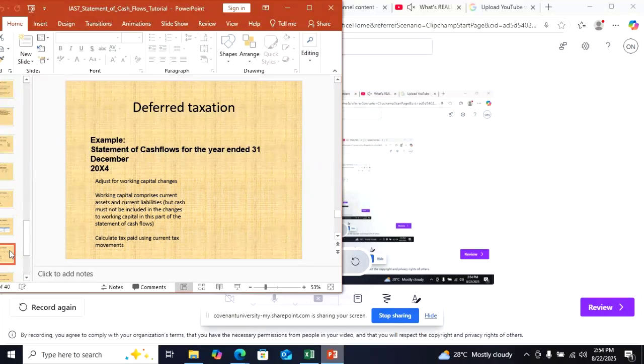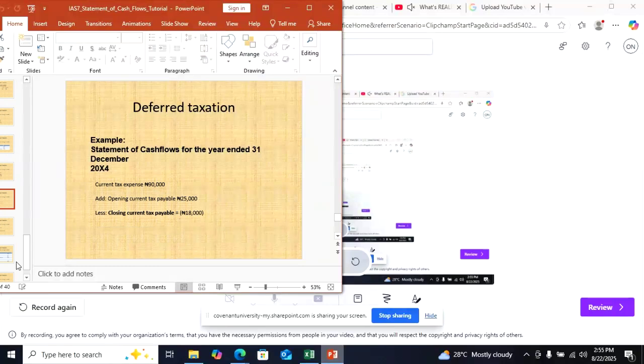Then we adjust for working capital changes. Before adjusting for working capital changes, note that working capital comprises current assets and current liabilities, except cash and cash equivalents and bank overdrafts. Then we calculate tax paid using the current tax movement. The current tax expense is 90,000.